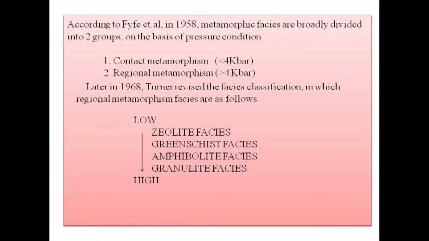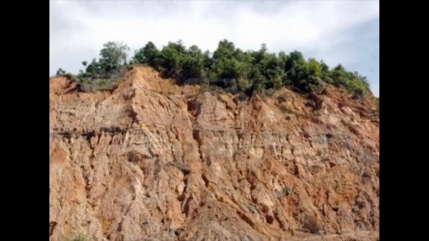Fyfe et al. in 1958 divided the metamorphic phases into two types on the basis of pressure: contact metamorphism, where pressure is less than 4 kilobar, and regional metamorphism, where pressure is more than 4 kilobar. Regional or Barrovian metamorphism covers large areas of continental crust, typically associated with mountain ranges, particularly subduction zones or the roots of previously eroded mountains.